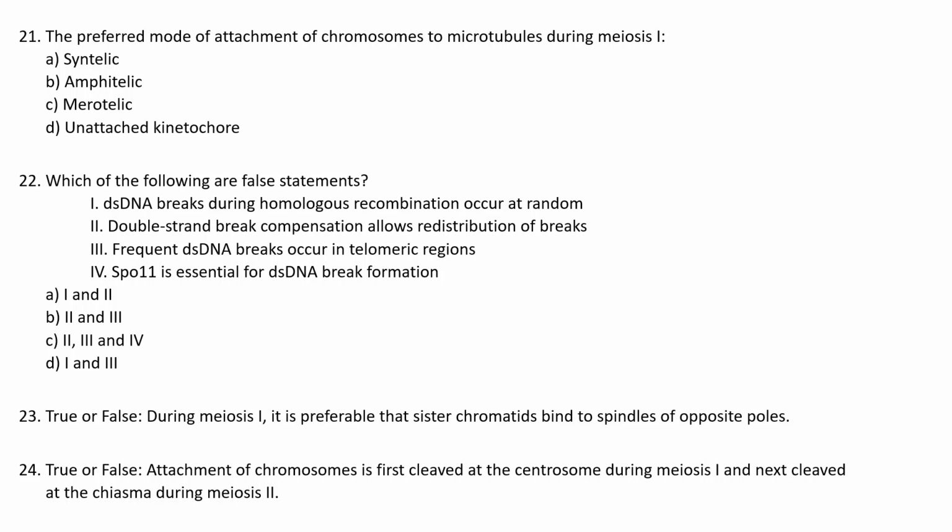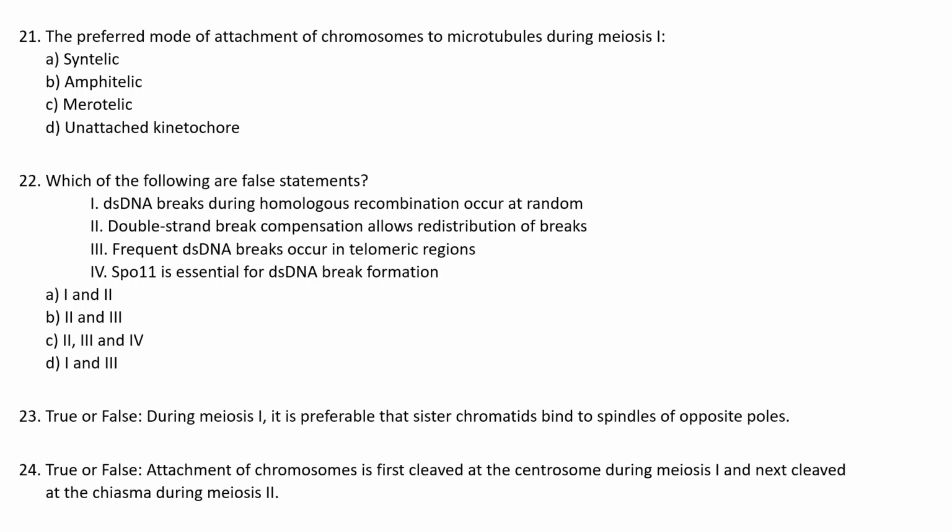Because during meiosis 1, the cleaving happens at the chiasma. I think you remember from your coursework that there was an interesting thing where the enzyme separase is involved and there's a REC8 involved in the cleavage of the attachments of the chromosomes by separase.